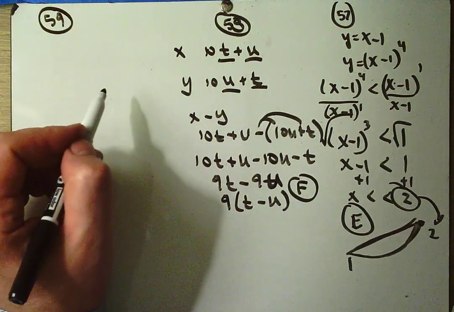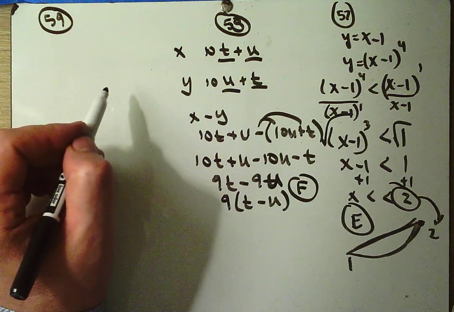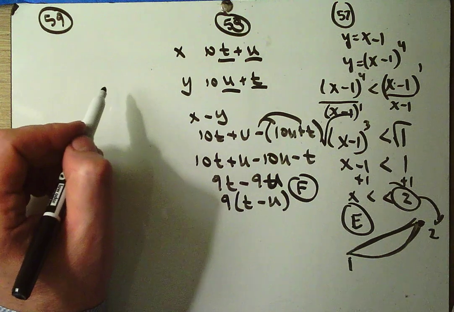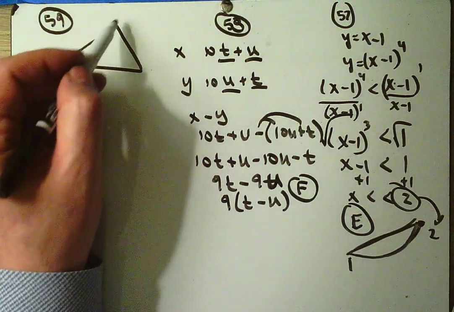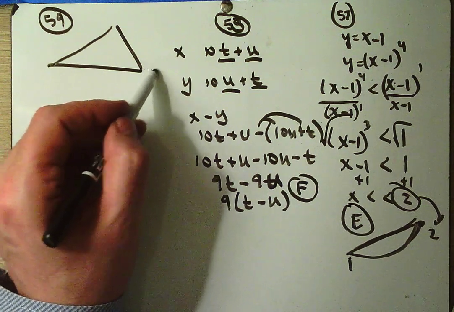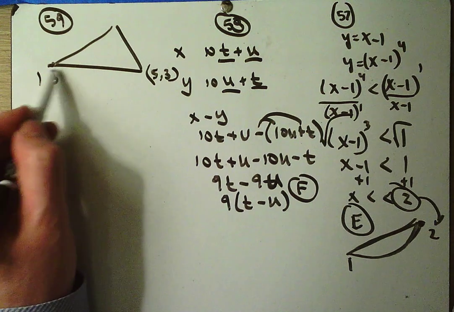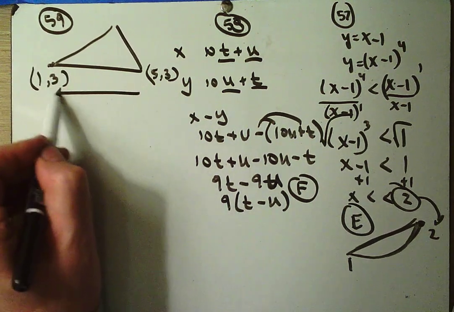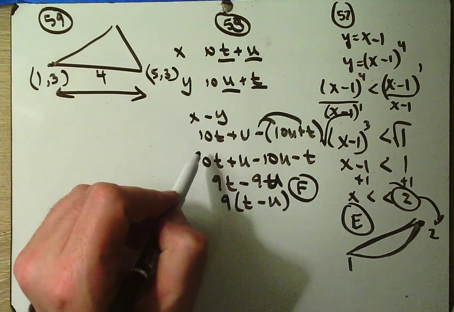59. What is the area of triangle ABC? Okay, so I notice this triangle has a point here at 5, 3, and a point here at 1, 3. So I know that this distance is the distance between these x values, or 4.